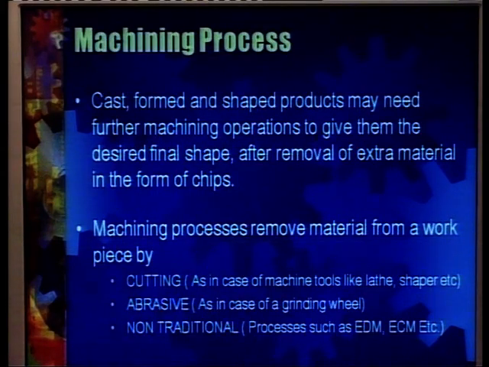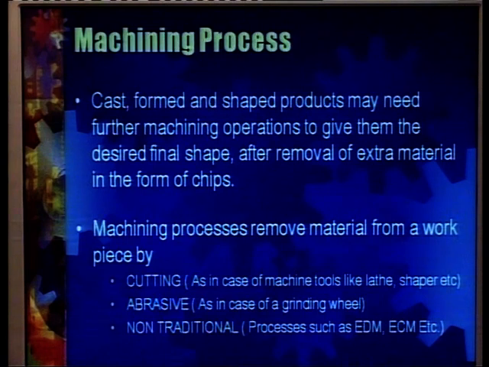All the manufacturing processes can be broadly classified into 4 categories. One is fabrication, the other one is casting, the third set of techniques is known as forming, and the fourth, very important one, is the machining process. Parts can be manufactured by any of these processes, and depending upon the quality we want to achieve and the cost effectiveness of manufacturing that particular part by that particular process, we use the suitable manufacturing process.